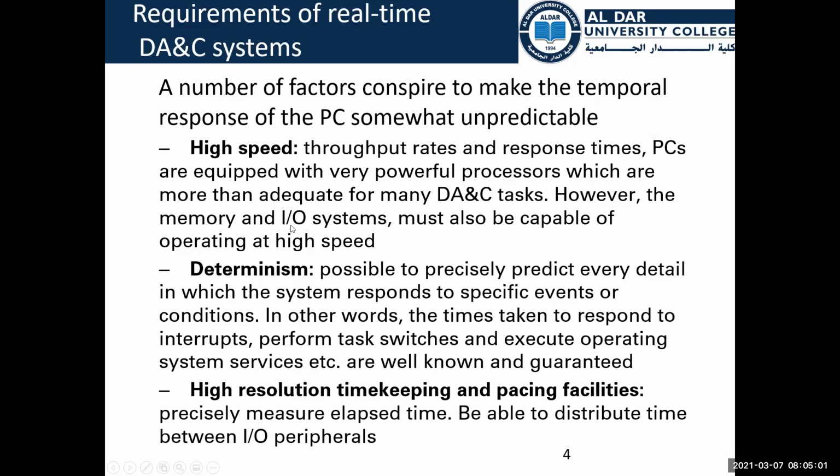However, the memory and the input-output systems must also be capable of operating at high speed. This means the PC should have very powerful processors and input-output dealing with internal memory. For example, we can adopt the direct memory access technique to be able to make a high-speed application. So high speed is very important to have a real-time DA and C system.